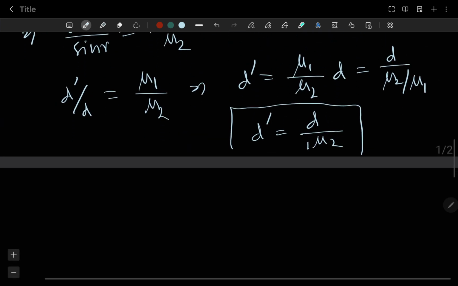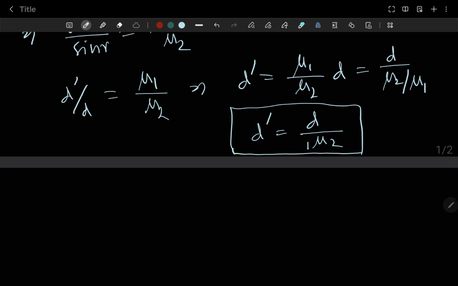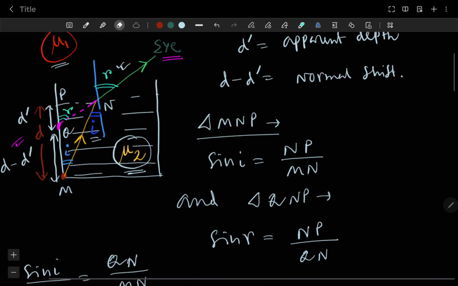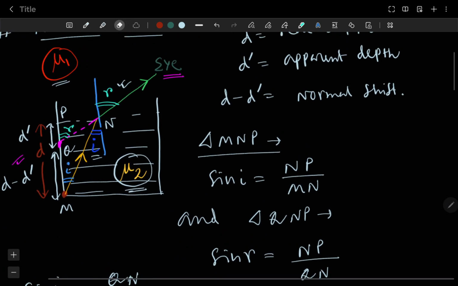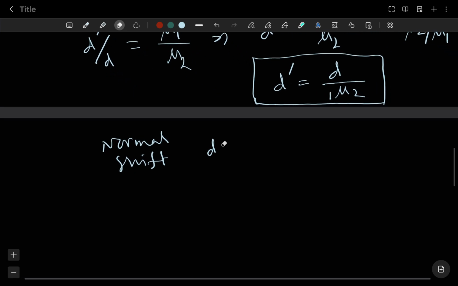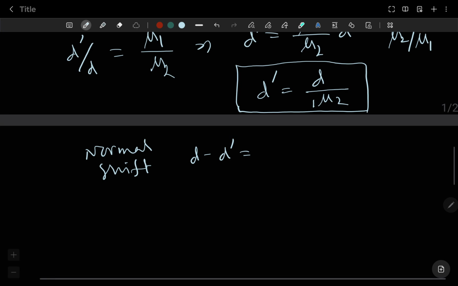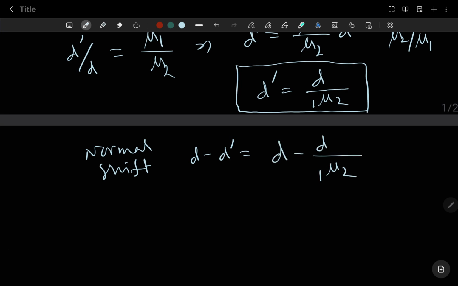Okay, so what will be the normal shift? It is d minus d dashed. So it will be d minus d by mu 2 by mu 1.